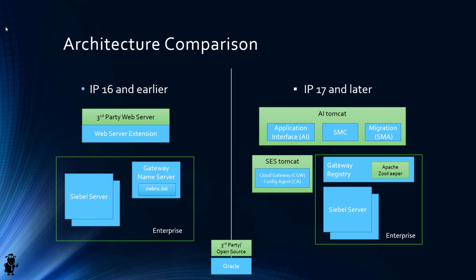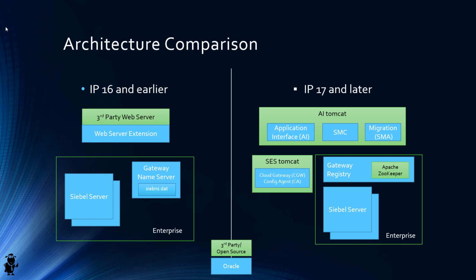Let's compare the architecture of IP16 and earlier versus IP17 and later. The big change you see happens on the web tier, where we have a third-party web server and a web server extension from Oracle in IP16 and earlier, replaced by a new web tier driven by the so-called AI Tomcat, an Apache Tomcat hosting the application interface and also hosting other applications, the SMC, the Siebel Management Console, and the new Siebel Migration Application, or SMA.